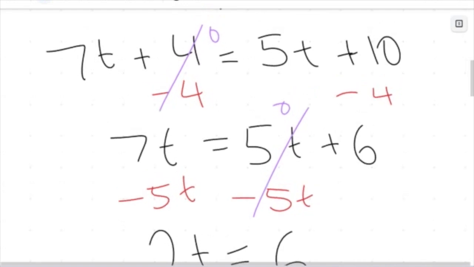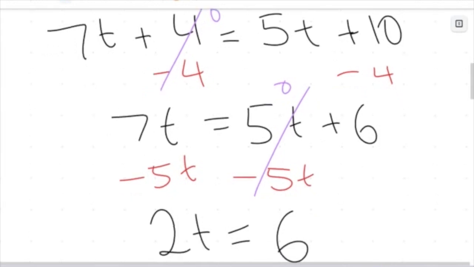I'm adding 4 on my left-hand side. I have a plus 4. So I'm going to do the opposite operation, the inverse operation to get rid of the 4. So the opposite of adding 4 is subtracting 4. I'm doing this to both sides. Nothing different from what we've done before in terms of solving systematically.